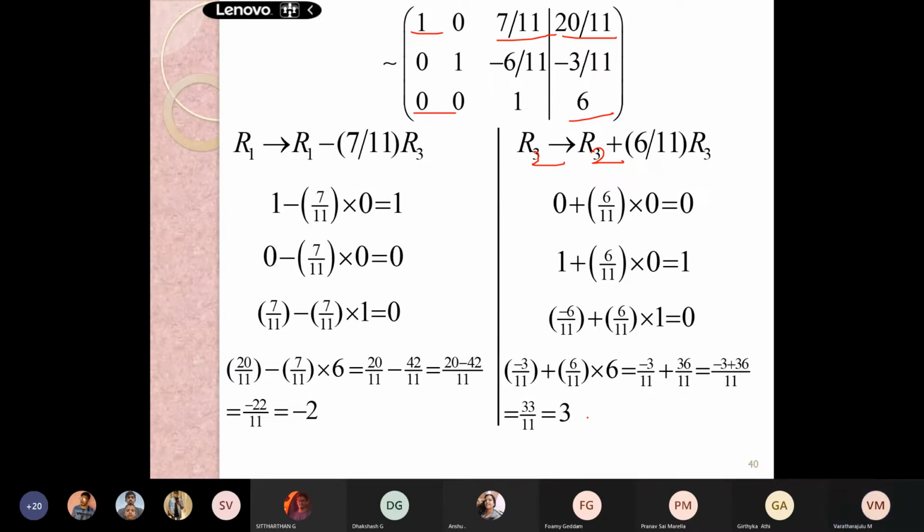Therefore, there are two different parts in the augmented matrix. One is the primary part. The second one is the secondary part. What we did is we made the primary part into a unit matrix or identity matrix. By making the primary part into an identity matrix, you'll get the results directly on the secondary part.